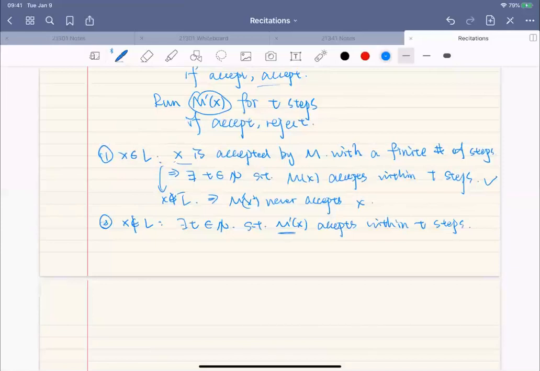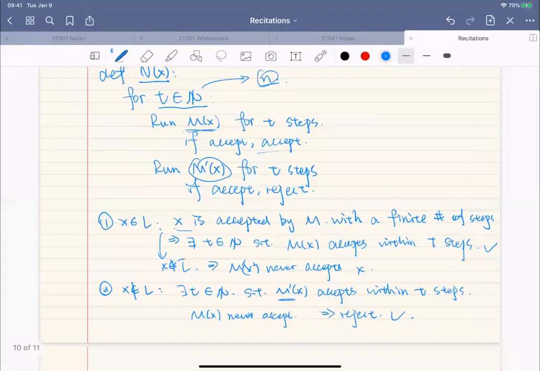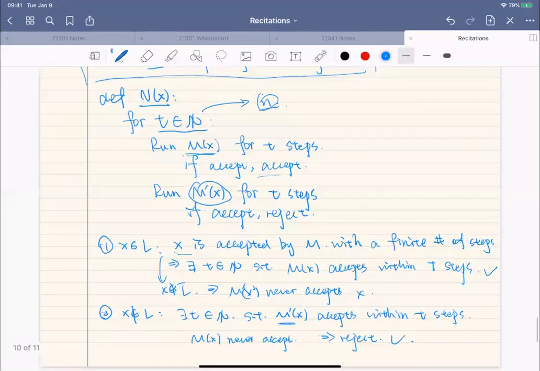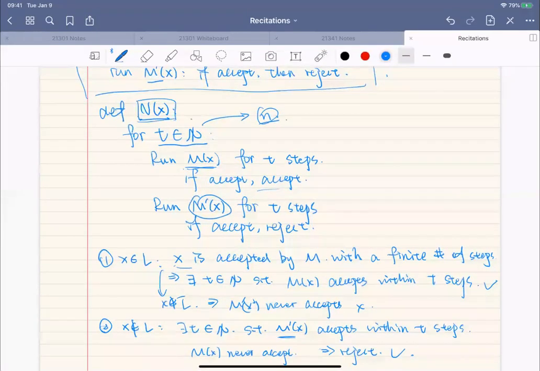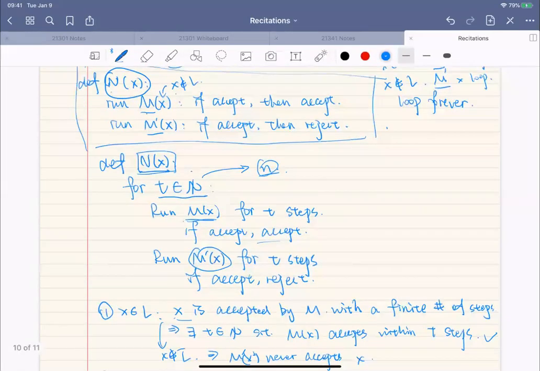Similarly, because X is not in L, M on X never accepts. So we're going to reject in this case, as we expected. This proves the correctness of our algorithm, and since a decider Turing machine exists for L, L is decidable.